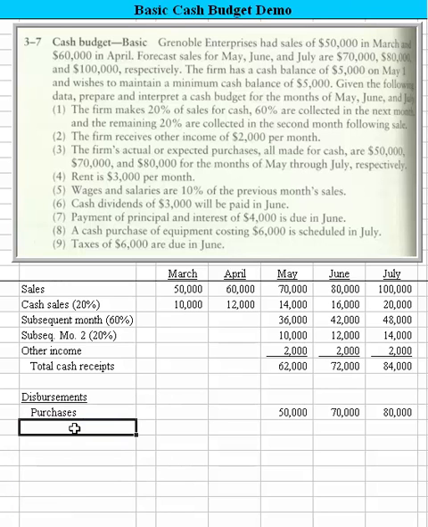Okay. After we've taken care of the purchases, we need to look at rent, which is $3,000 a month. Again, pretty easy to do. Copy that in. Wages and salaries are 10% of the previous month's sales. Okay, so it's 10%.